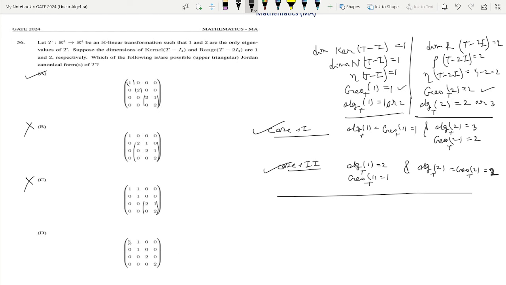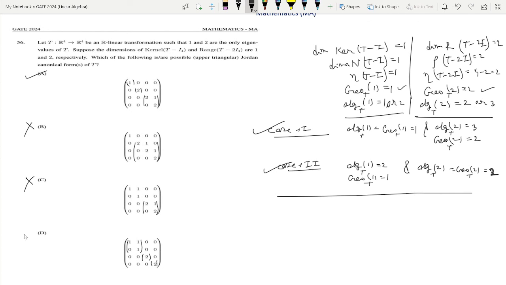And for 2, the algebraic multiplicity is 2 and the geometric multiplicity is 2, so there are two Jordan blocks corresponding to the eigenvalue 2, each of size 1. So this is the case.